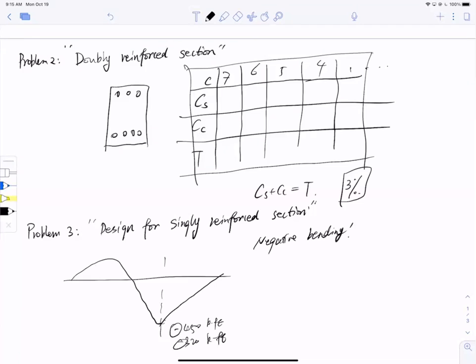Negative bending, okay? So when you do design, always draw the section detail. Don't forget. So you have a section, right? Draw the bar out. I have a lot of people who are so clever, they just draw on the bottom. I say, oh, in my head, everything's flipped.